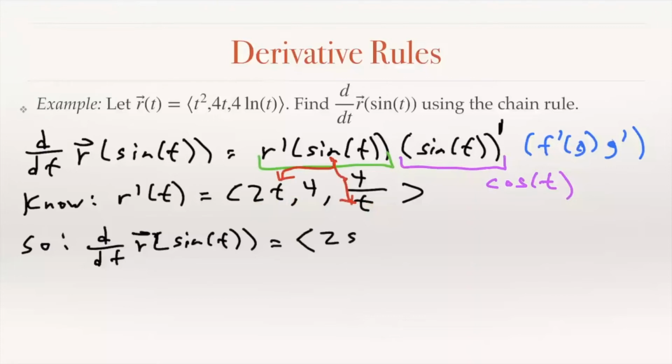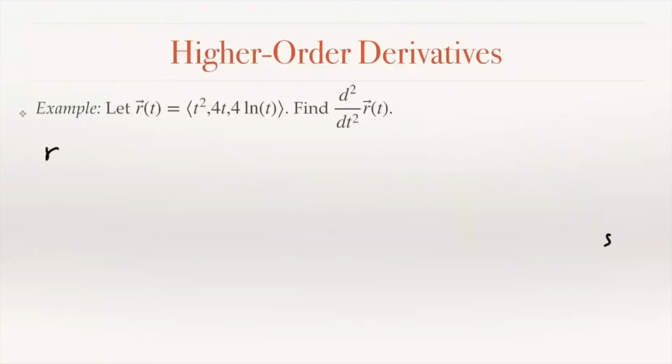We have 2 sine of t, comma 4, comma 4 over sine of t. And then this cosine t is still hanging out on the outside. So times cosine of t.